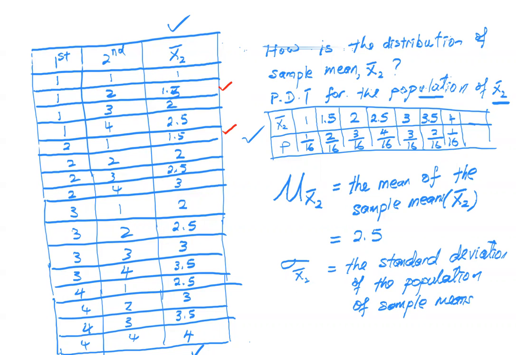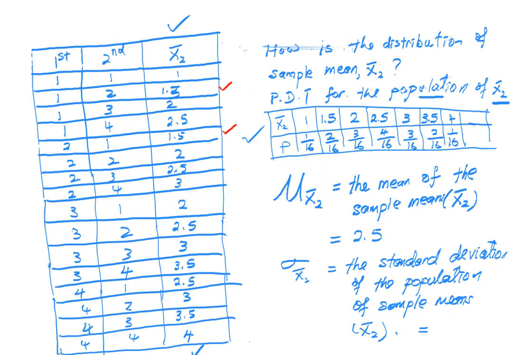So this one, my variable is X bar 2. So that's why I can use this symbol. So the answer is 0.791 or 792.